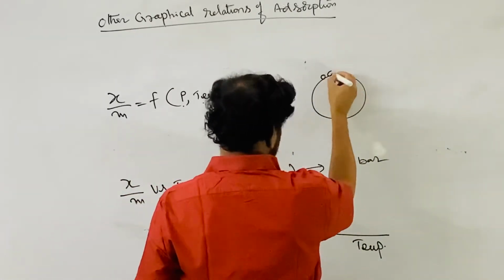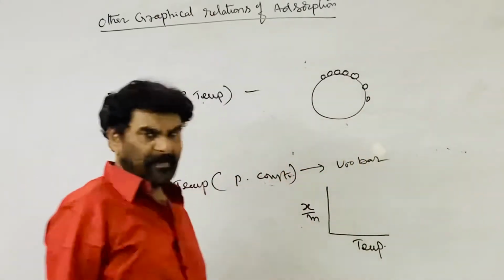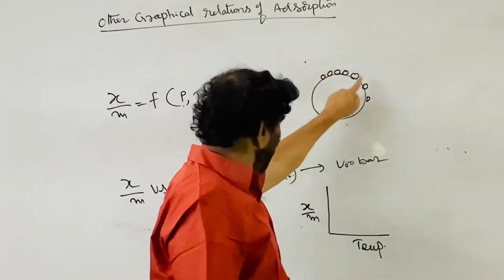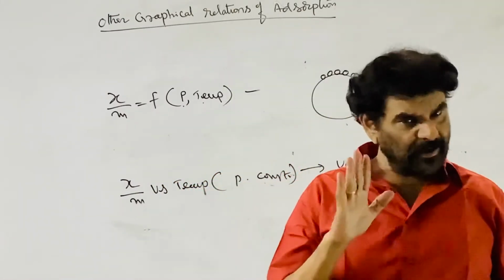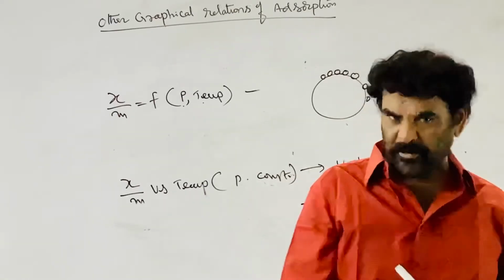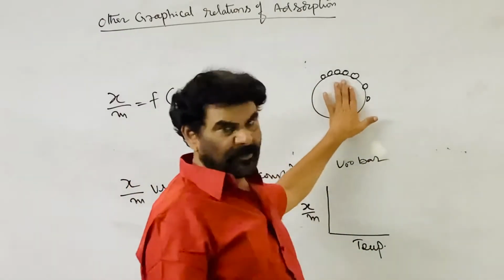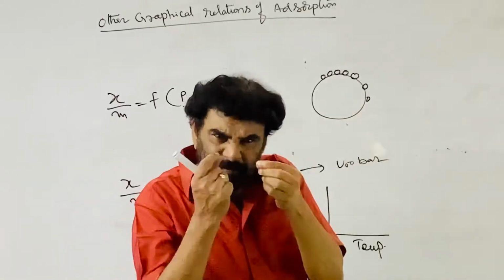In the isobaric process, gas is adsorbed on the surface of the adsorbent. Catalyst and adsorbent are one and the same in heterogeneous catalysis. The molecules are attached to the surface of the adsorbent with very weak attractions.